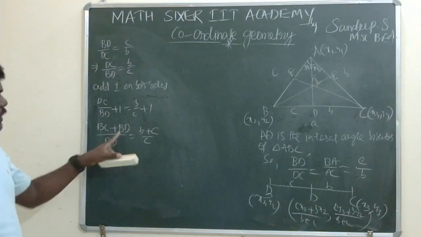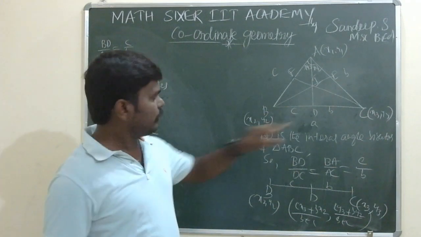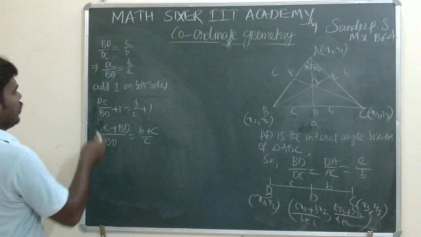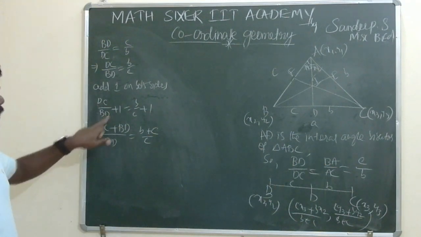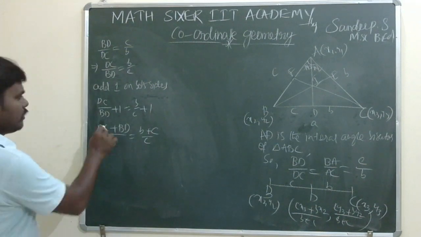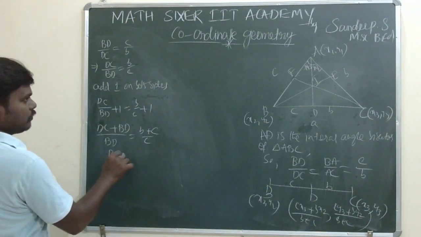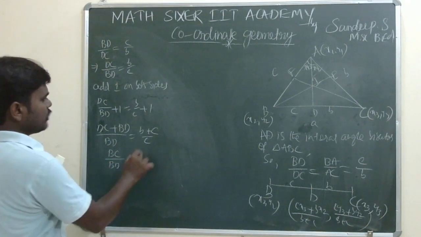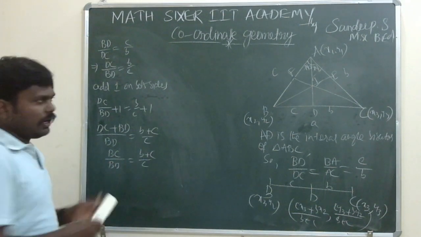So here DC plus BD, DC plus BD means here we can write this is equal to BC. BC by BD is equal to B plus C by C, and BC is what?